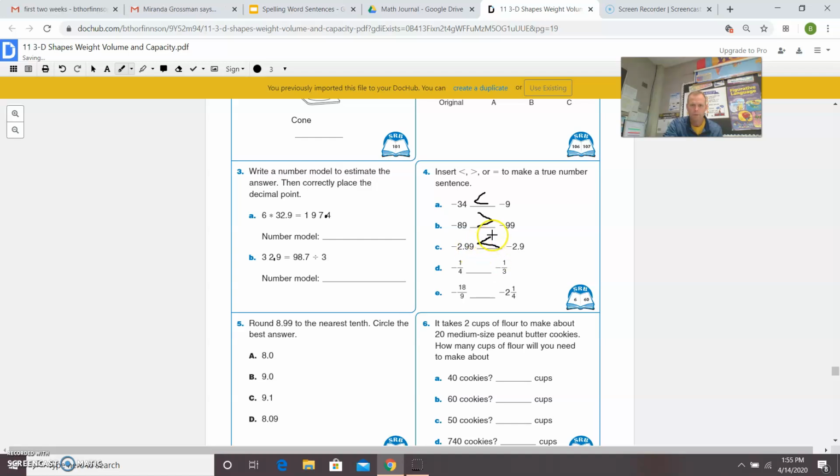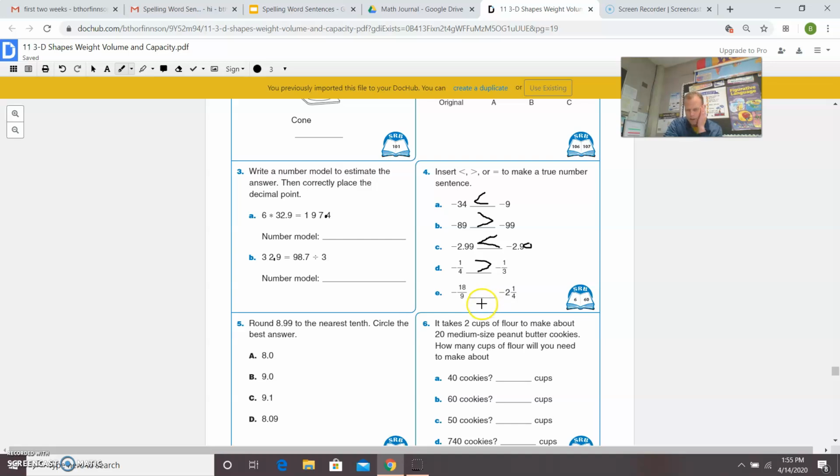Less than. Okay, so 2 and 99 hundredths is less than 2, and we could add a 0 here if we needed to. We have a negative 1/4 is greater than a negative 1/3.